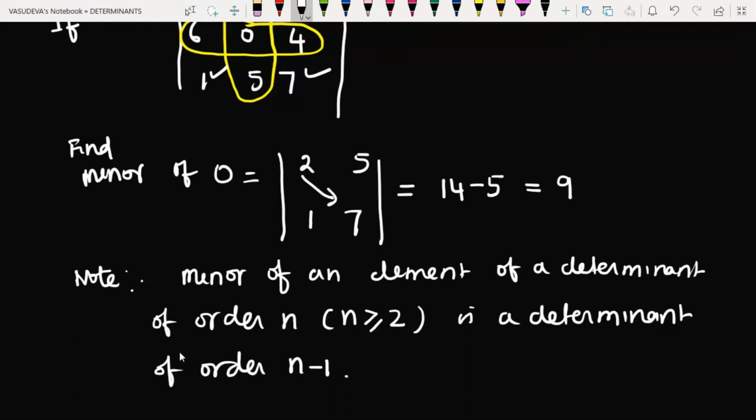So del is a determinant of order 3 and the minor of each element is a determinant of order 2. Suppose del is a determinant of order 4, that is a 4 by 4 determinant, then the minor of an element is a determinant of order 3, like this. So we can find the minor of an element.